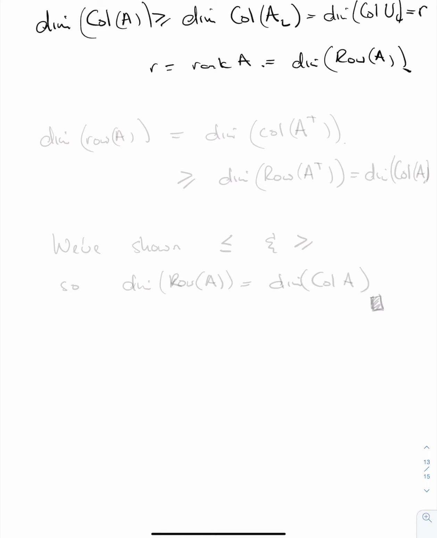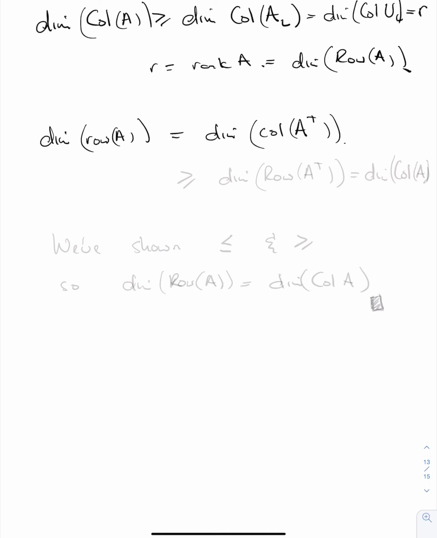Okay, let's prove the other inequality. What we know is that the dimension of the row space of A is going to be equal to the dimension of the column space of A transpose. The rows of A become the columns of A transpose.